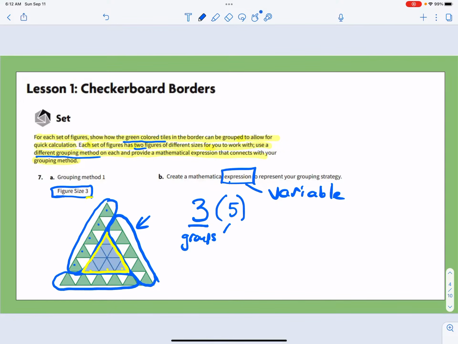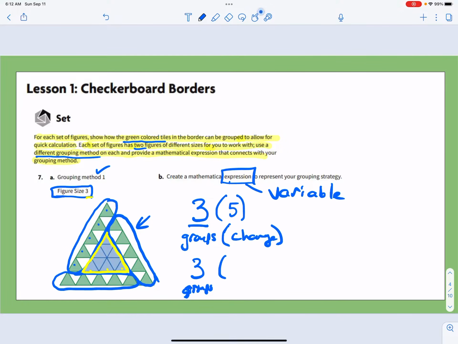So in terms of what this can be as an expression, we want to make the 5 into something that can change as the figure changes, as a variable. So on the outside, we're always going to have 3 in this case. That is the number of groups I have, 3 groups.